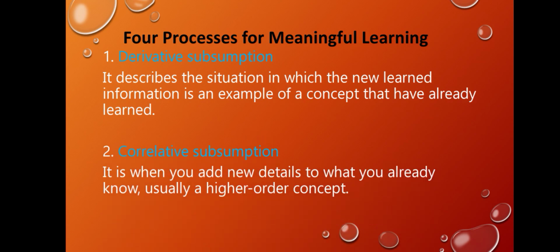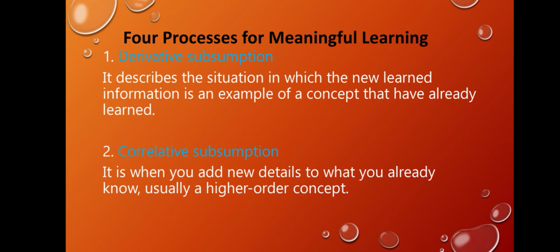Second is correlative subsumption. It is when you add new details to what you already know, usually a higher order concept. Halimbawa, ang konsepto mo sa ibon ay may tuka, may pakpak, lumilipad at nangingitlog. Ngayon ay may nakita kang isang uri ng ibon na malaki ang katawan, may malalaking legs, ngunit hindi nakalilipad at mabilis lamang tumakbo.